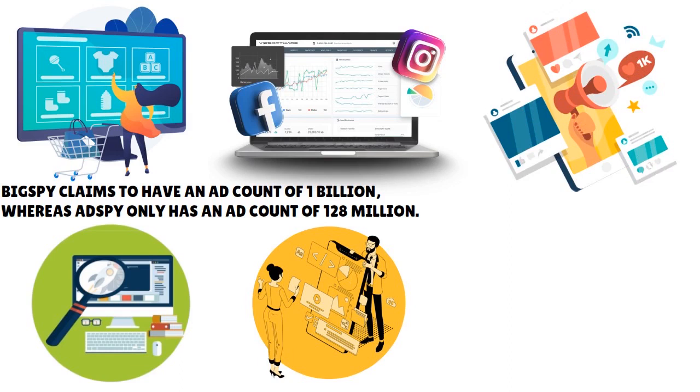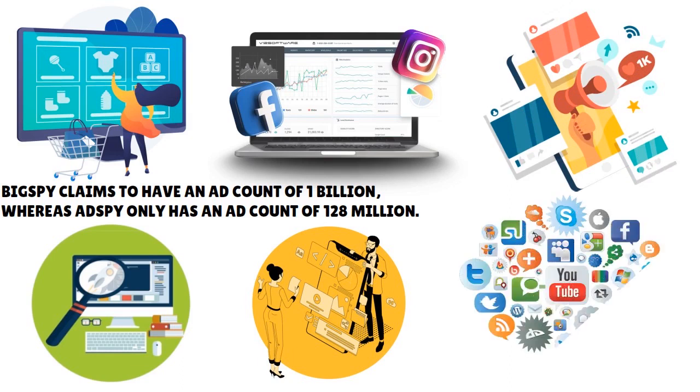If users want to search for ads on another site like Twitter, YouTube, or even Yahoo, BigSpy is the only tool that has advertising data to search through. And AdSpy doesn't bother with any other site type, because they know Instagram and Facebook advertising is the most popular for advertisers, whether those advertisers are in dropshipping or not.